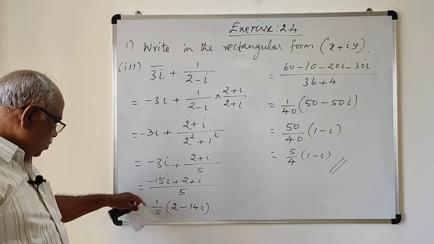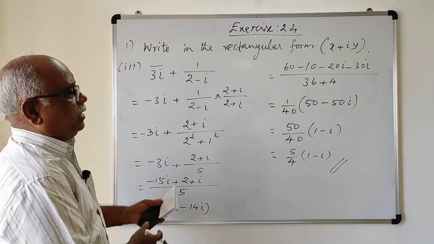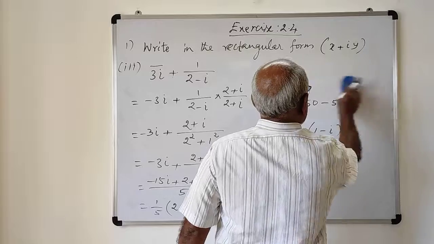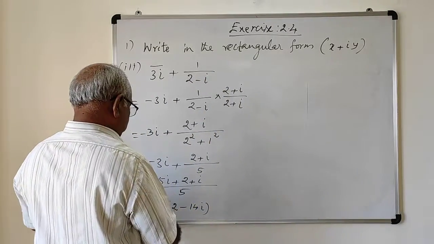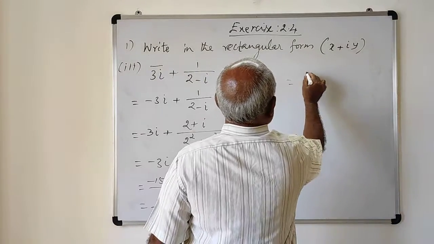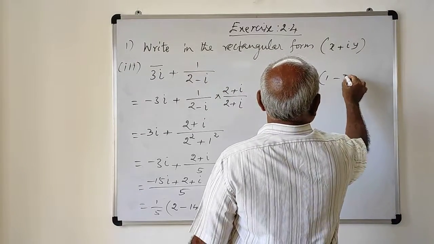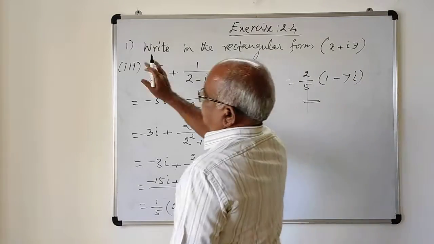If you want, you can take 2 outside and get 2 by 5 into 1 minus 7i. You can leave it in the earlier step itself, or take 2 common in the numerator. This is the rectangular form of the third sum.